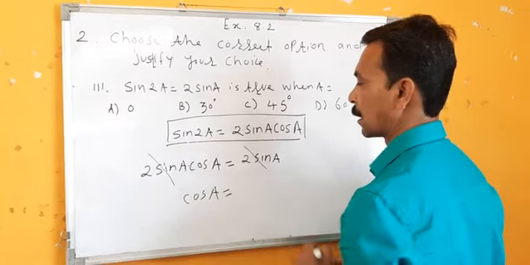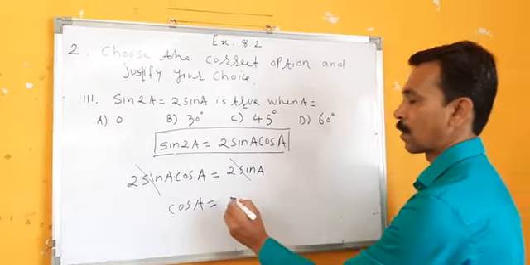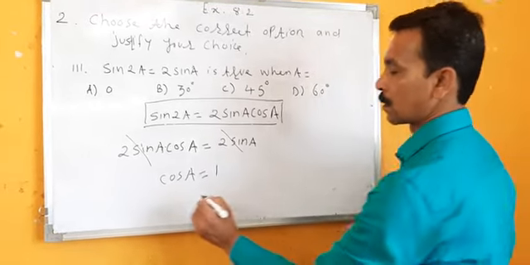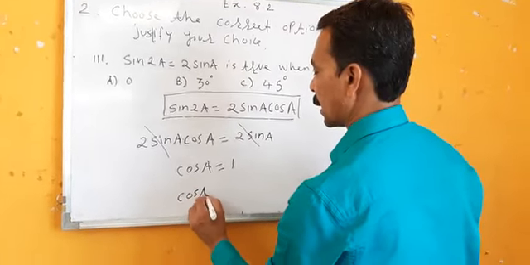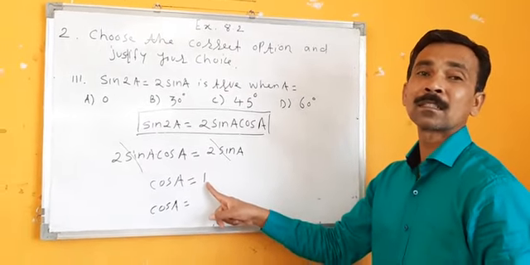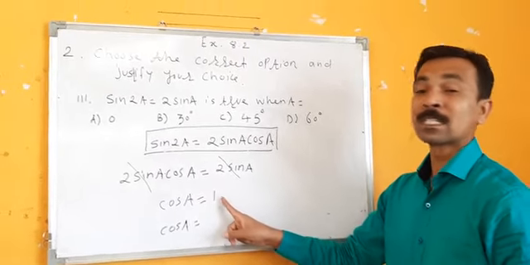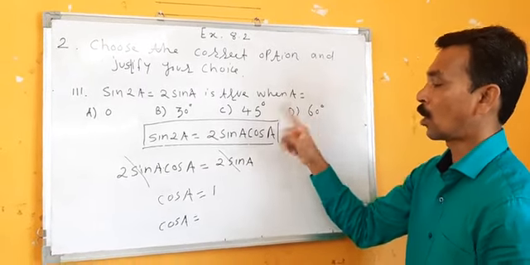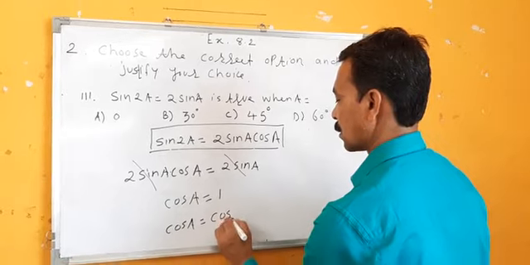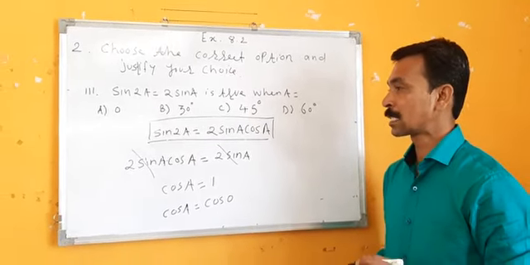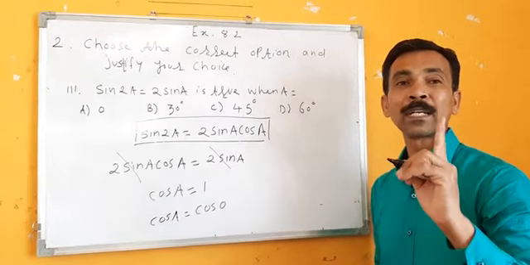Cos a is equal to 1. Cos a is equal to, what is 1 in terms of cos? Remember, what is 1 in terms of cos? Cos 0. Value of cos 0 is 1.